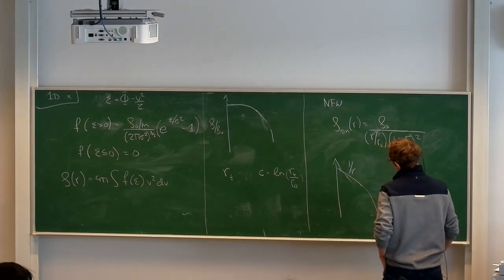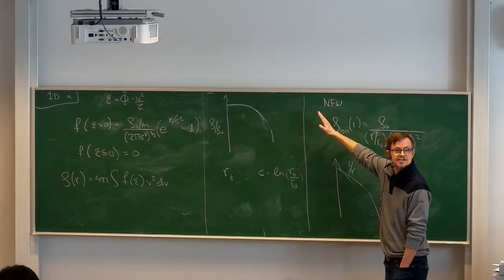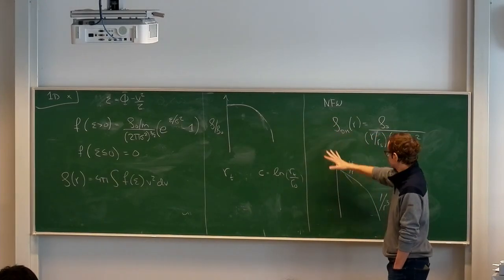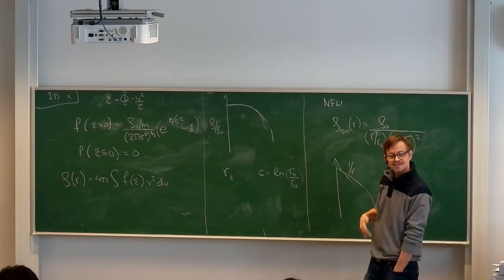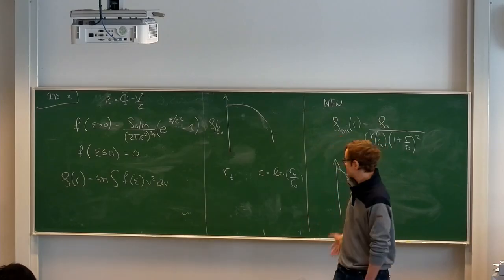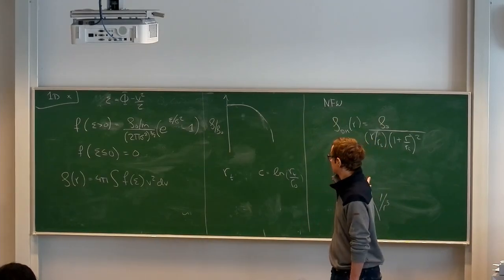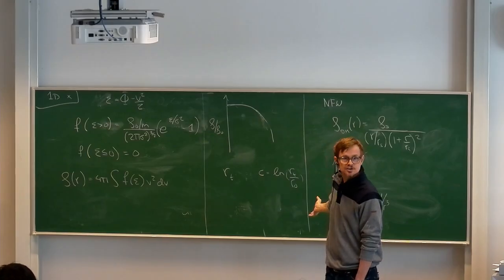A cuspy core is when you continue to increase the density significantly also in the innermost parts with decreasing radius. And this lies at the root of the so-called cuspy core problem. That is, that this is a prediction of the models, but it's not really observed.